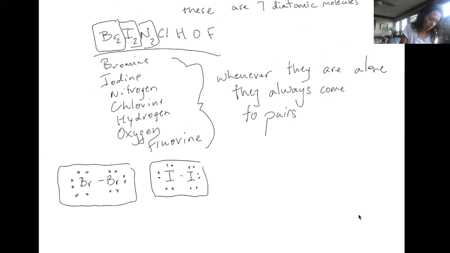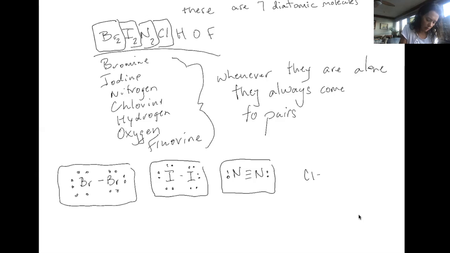Nitrogen is diatomic. Nitrogen has a triple bond holding it together. Very strong bond, but you see how it's stable. When 2 nitrogens are held together, we satisfy the octet.